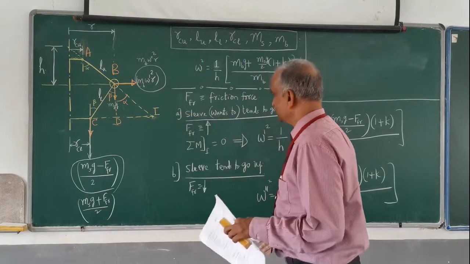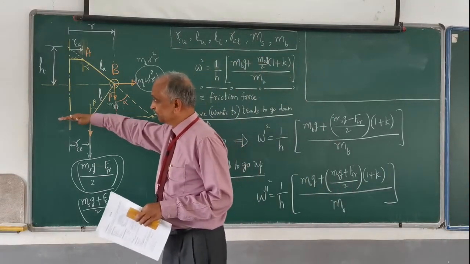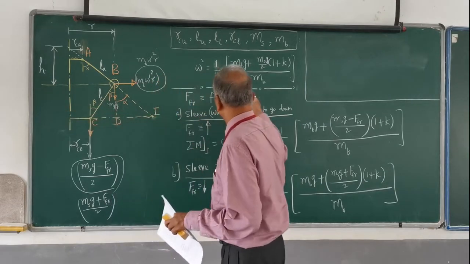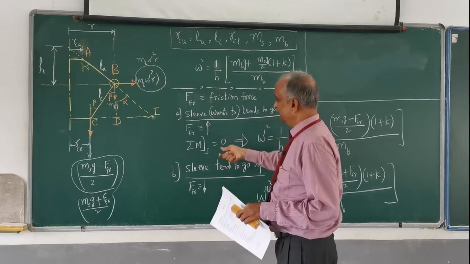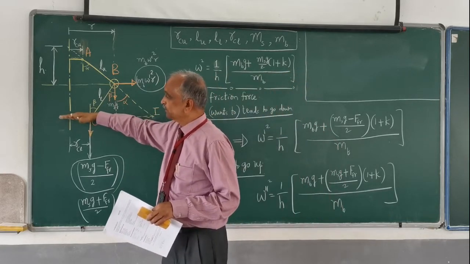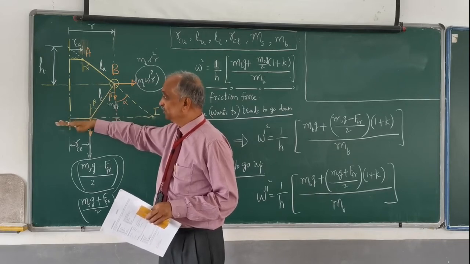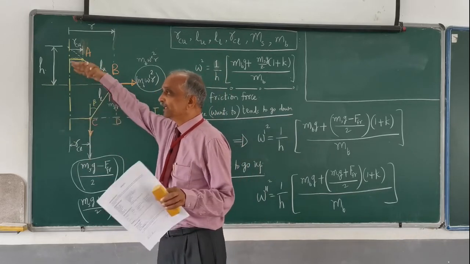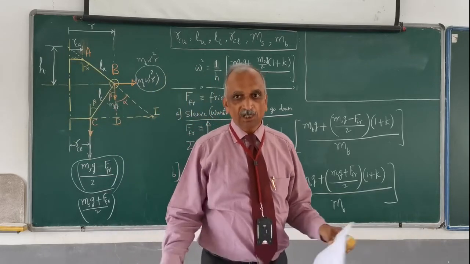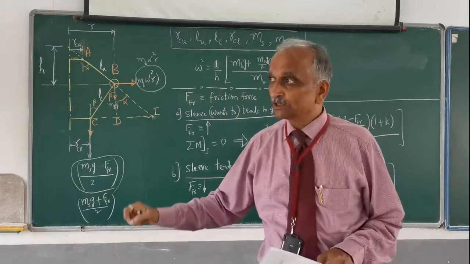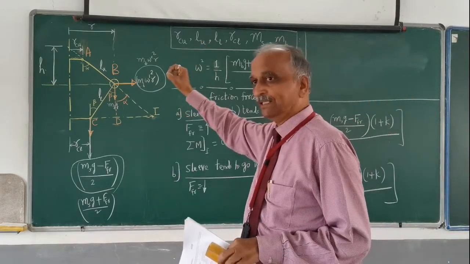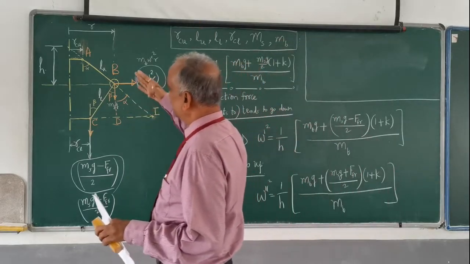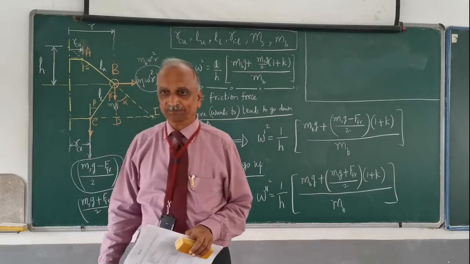You have seen here, because of the friction, even if the speed goes below omega to omega dash, the governor is not changing its position. And even if the speed goes to omega double dash, the sleeve has not changed its position. If the speed goes more than omega double dash, then the sleeve will move. Similarly, if the speed goes below omega dash, then only the sleeve will move.